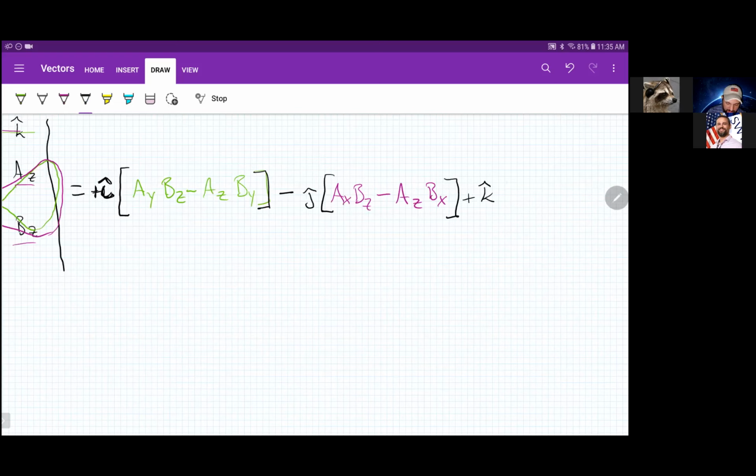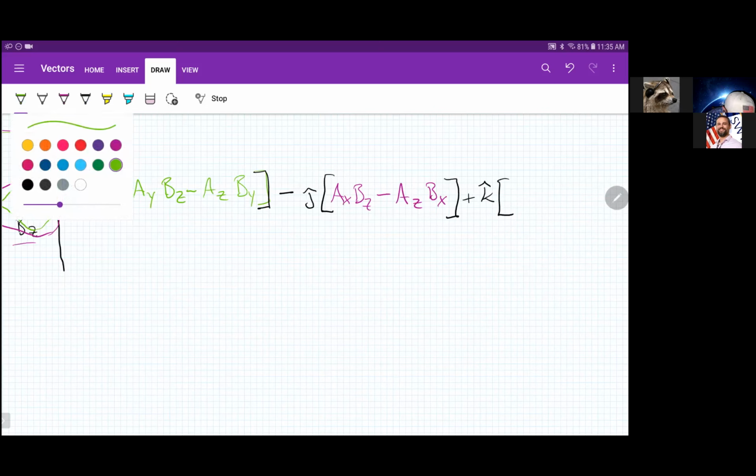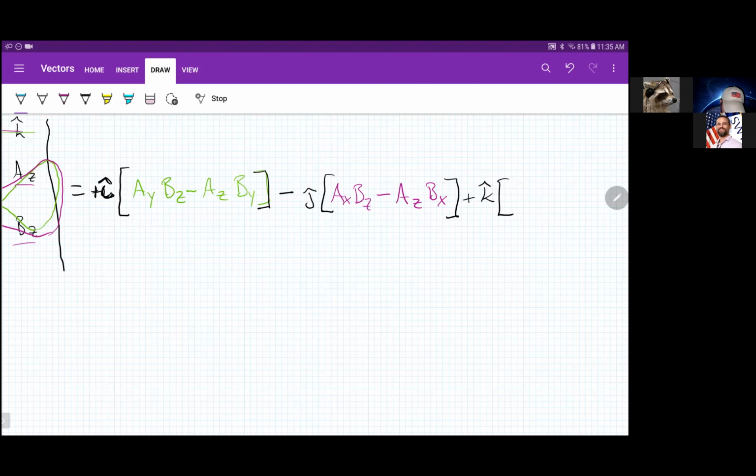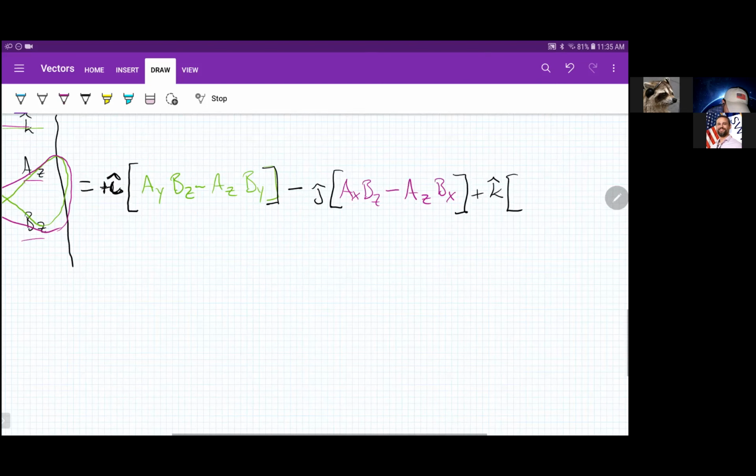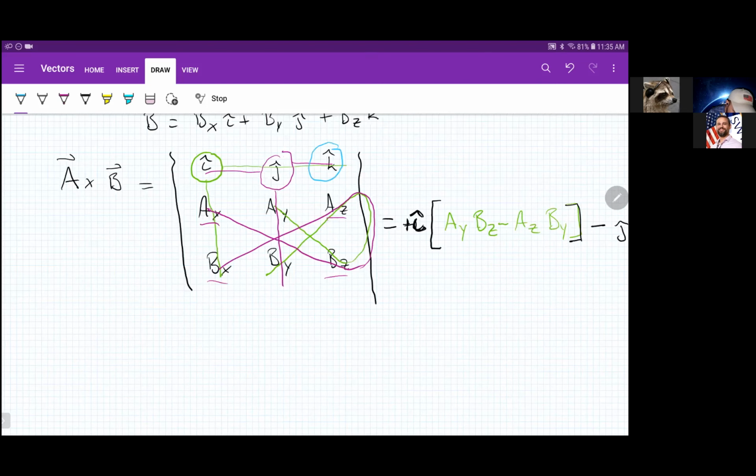So now I'm doing the K hat. Let me pick a different color here that's going to stand out. Blue. All right. And so now I'm circling the K hat. I'm going to ignore everything in that row and column. This is getting messy. So I only consider these four now.